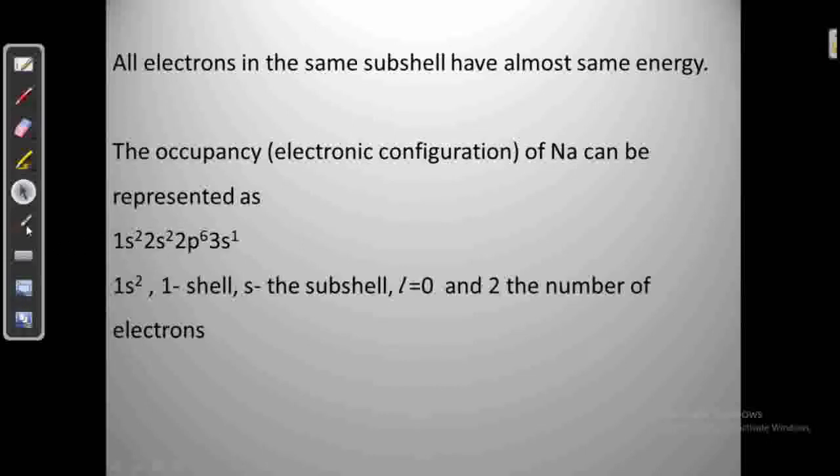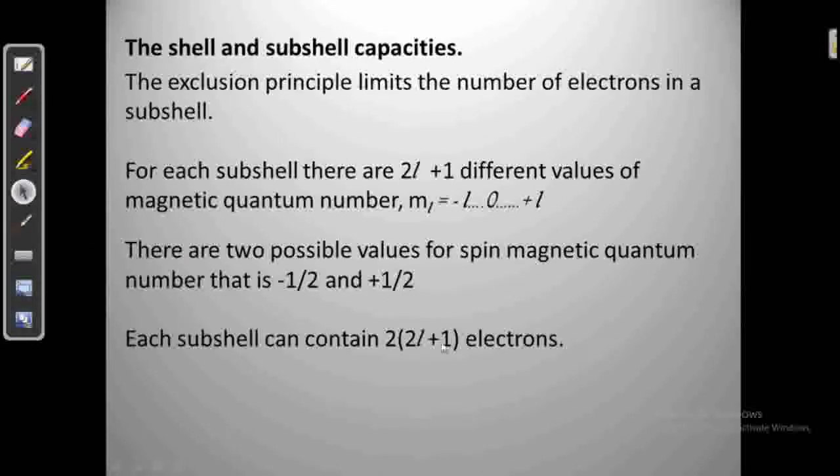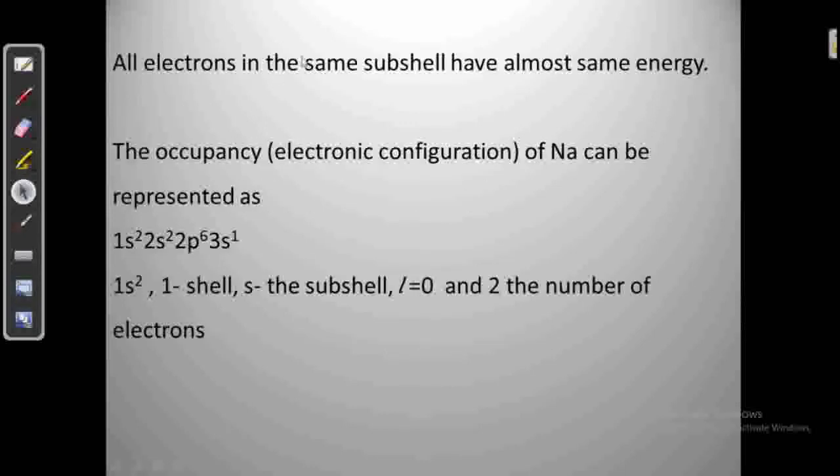If the orbital quantum number is P, that is L equal to 1, then 2 into 2 times 1 plus 1, that is 2 into 3, which is 6. So there are 6 electrons in the P subshell or P orbital. Like that, the capacity or occupancy of each subshell can be evaluated.